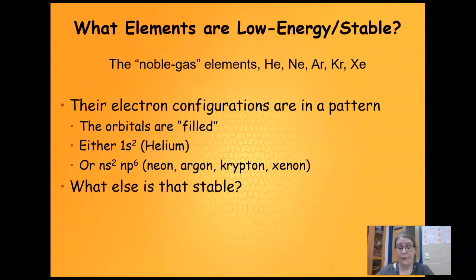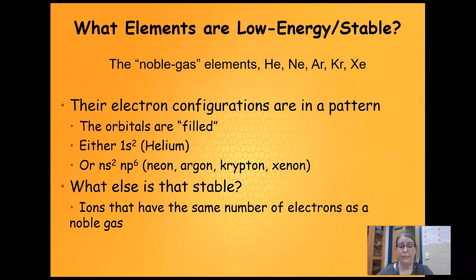The other thing that we know that is very stable is, of course, ions. Ions are atoms of an element that have gained or lost electrons. And the point of doing that is to get to the same number of electrons as a noble gas, because they will be isoelectronic. They will have the same stable electron configuration. They'll be in the same low energy state if they have the same number of electrons as a noble gas.